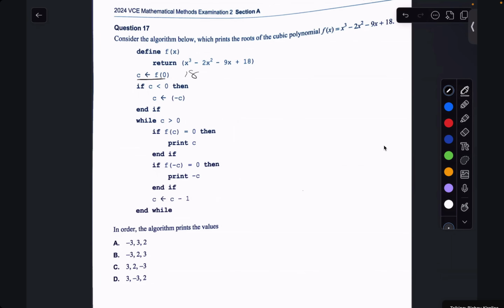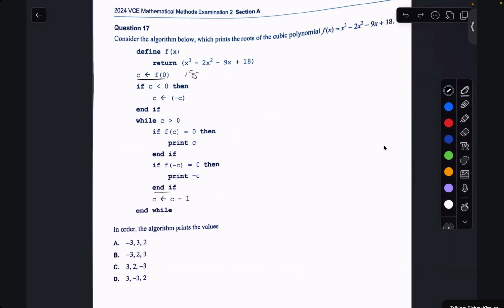And then if c is less than 0, we would define c as negative c. And then while c is greater than 0, if f of c is equal to 0, then we print c. If this is the x-intercept, it'll give it back to us. And then at the end, we just define it as the next value down.